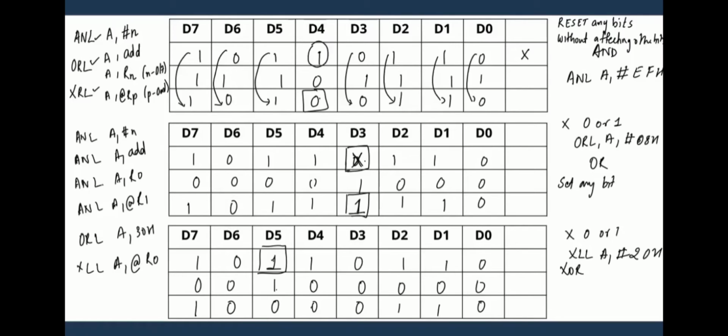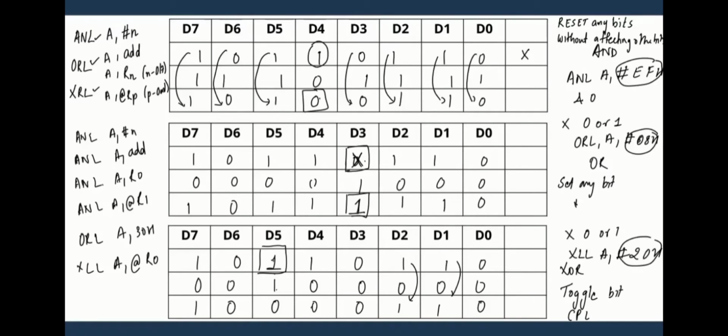So please note, I made a mistake here. And D5th is 1 XOR 1 is 0. So we can see that the D5th bit in the first number changed to 0. In order to change that, what we have done is put a 1 in the D5th position of the second number, and all other bits are 0. This is called masking. Hash 20H, that is 2 and 0, 20H.